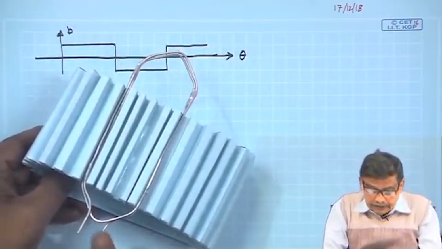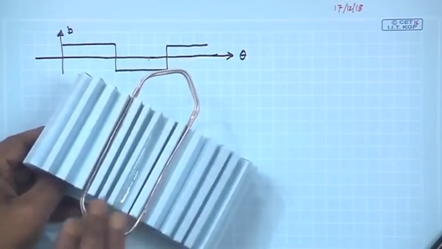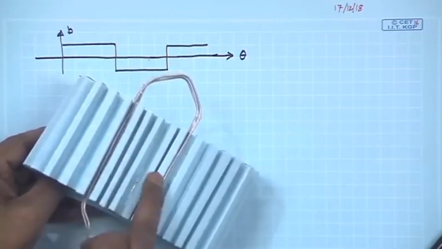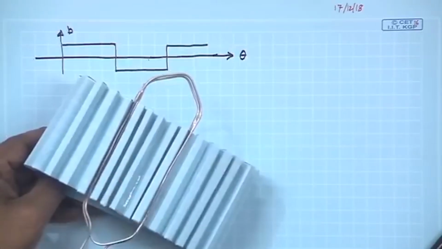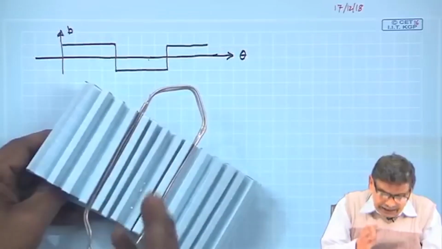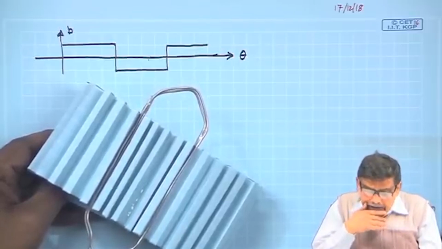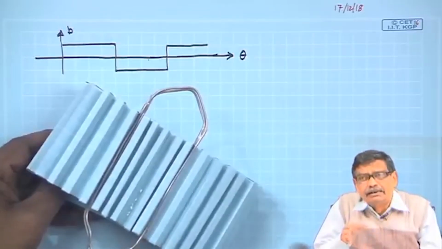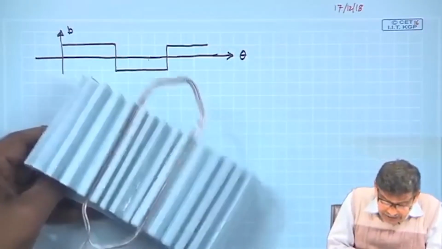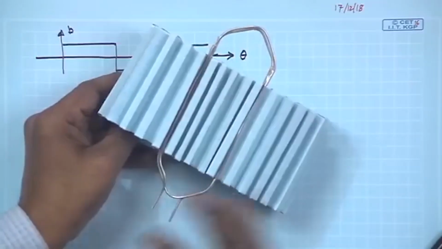I indicated that the coil span, the difference in distance between the two coil sides, should be such that if one coil side at any given time is under the center of the north pole, the other coil side is under the center of the south pole. Why? Because then the induced voltage between its two terminals will be maximum, 2BLV.